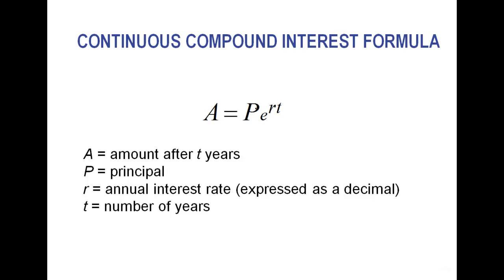P is still principal, A is still the amount after so much time, T is still time in years, R is still your interest rate, again expressed as a decimal, and then e is a constant. You can check it out in your calculator. It's about 2.7 and some stuff. That's e.